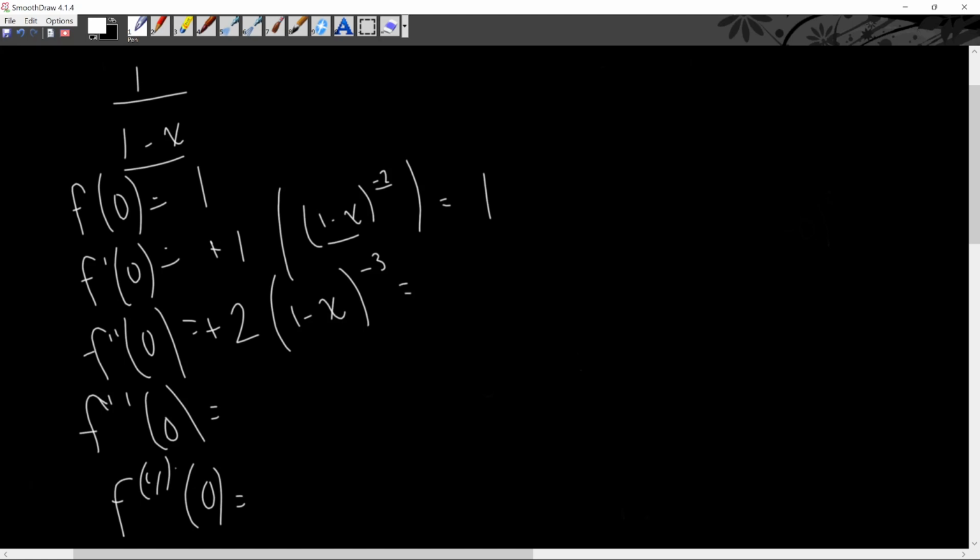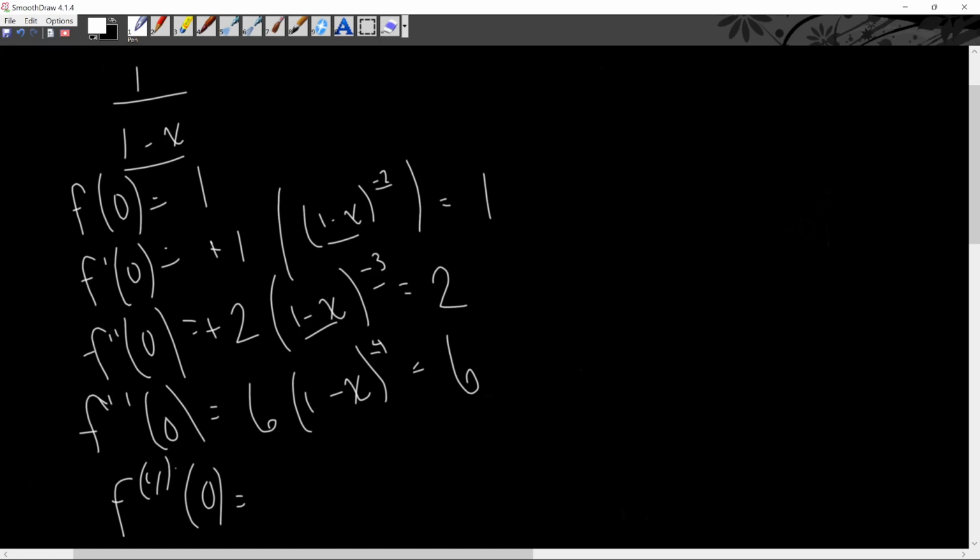You plug that in, you get positive 2. And then if you are seeing a pattern, this is probably because we did a proof that touched on a relatively similar idea. So if we take this derivative now, you multiply that negative 3 to the front, but you also take this derivative, getting you a negative number, which means you're left with 6 times 1 minus x to the negative fourth power, and that's going to leave you with 6.